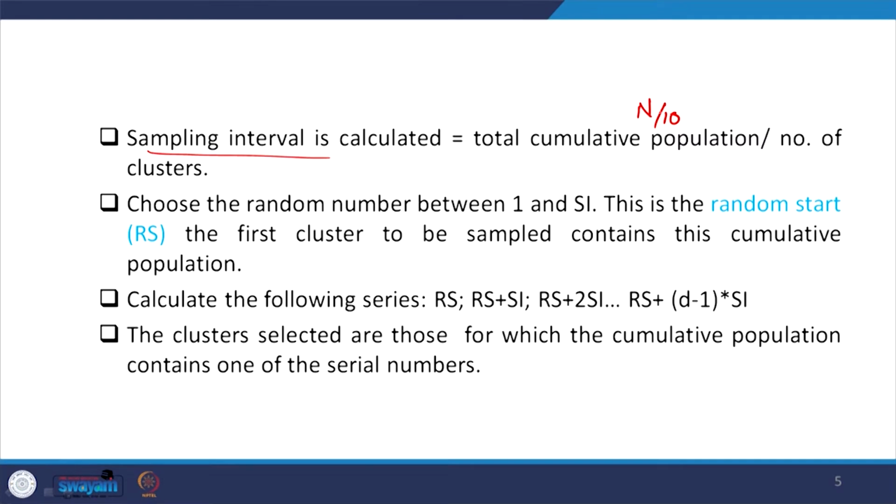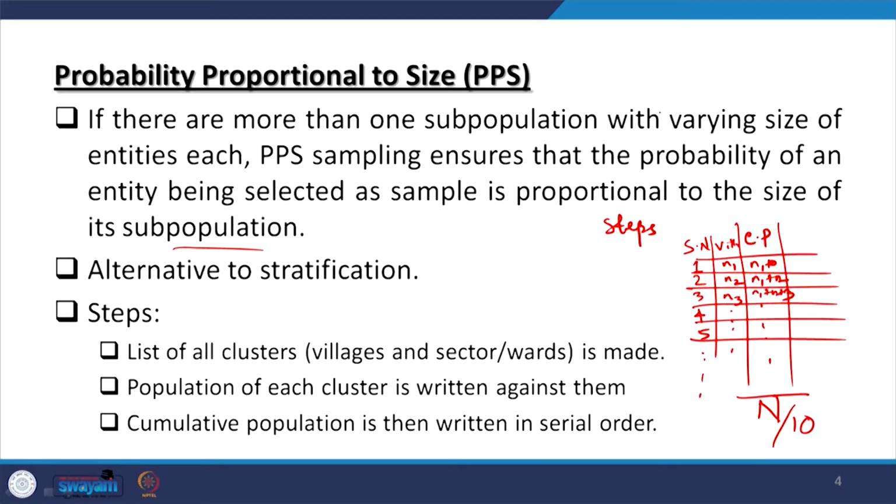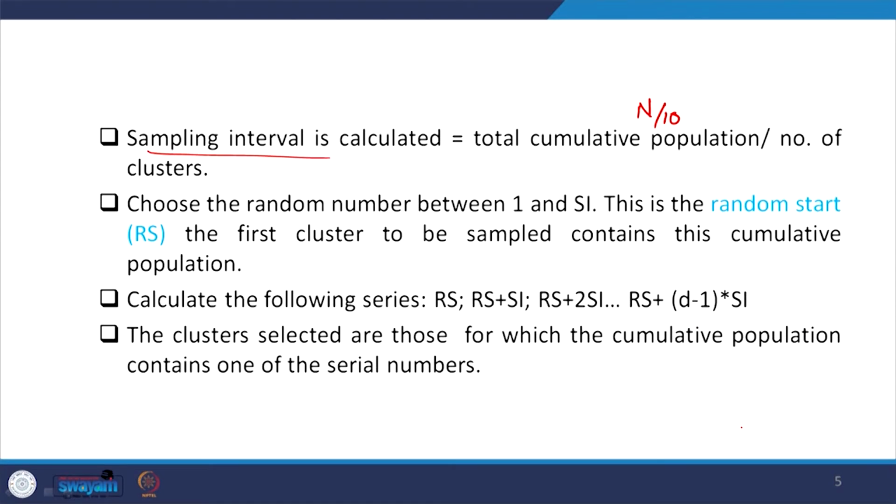Now, choose a random number between 1 and the sampling interval. The next step is to choose any number between 1 and N upon 10, if 10 is the sampling interval. How to select that random number?